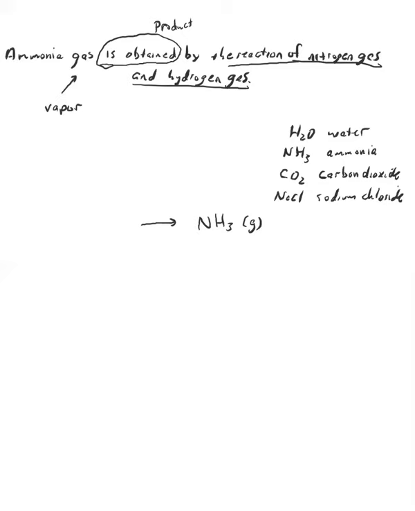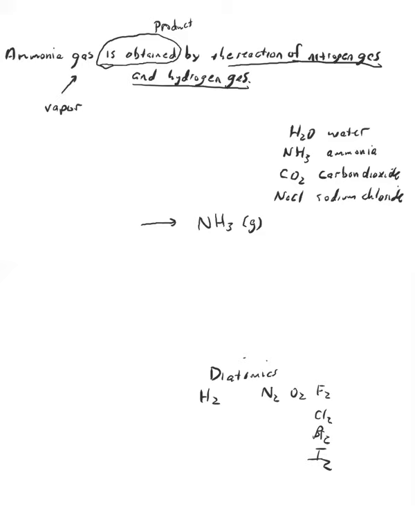But here's the trick for that one. Remember the diatomics, right? I'll put them up again. H2, N2, O2, F2, Cl2, Br2. So when someone says that nitrogen reacts, what they mean is N2. When they say that hydrogen reacts, they mean H2.